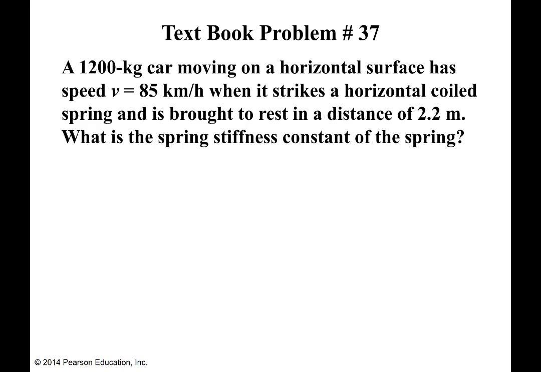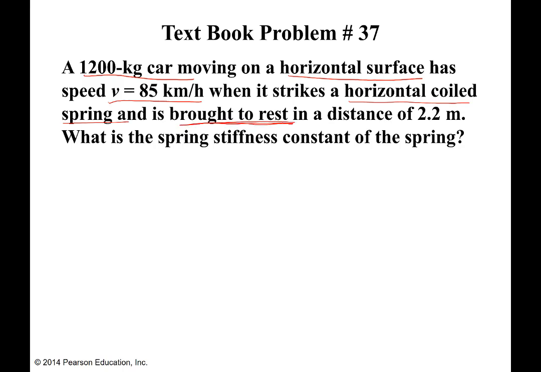Similarly, we can work on another problem, which is a 1200 kg car moving on a horizontal surface. These are all your textbook problems, so it's good that you can go and revisit them. A 1200 kg car moving on a horizontal surface has a speed of 85 kilometers per hour when it strikes a horizontal coiled spring and is brought to rest.